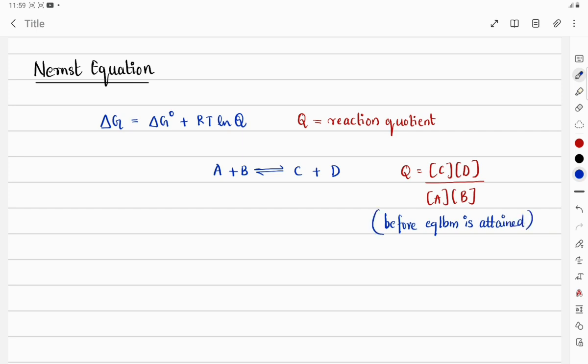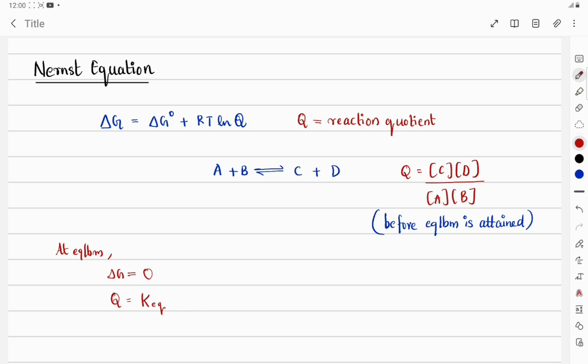Now what happens after equilibrium is attained? There is obviously some change in delta G, right? If you remember clearly, we have already discussed that at equilibrium, delta G has to be 0. Delta G will be equal to 0. And one more change is that Q, your reaction quotient, will change into K equilibrium, which is called your equilibrium constant.